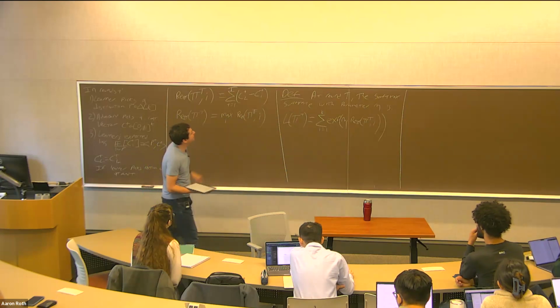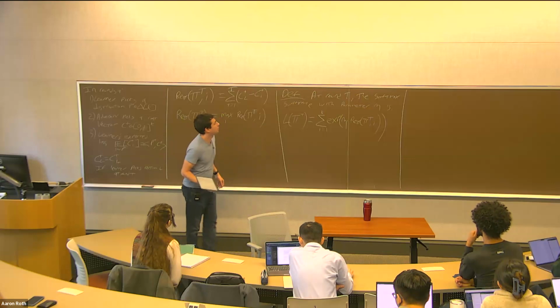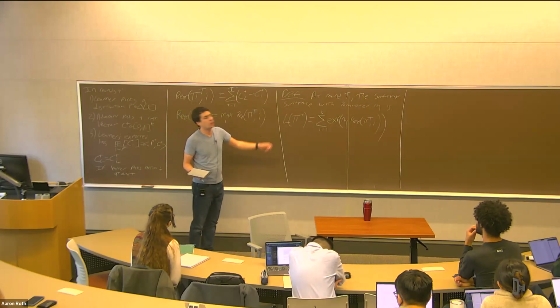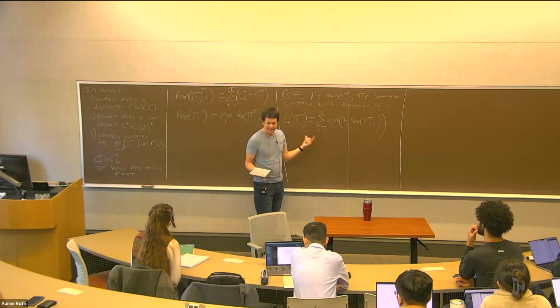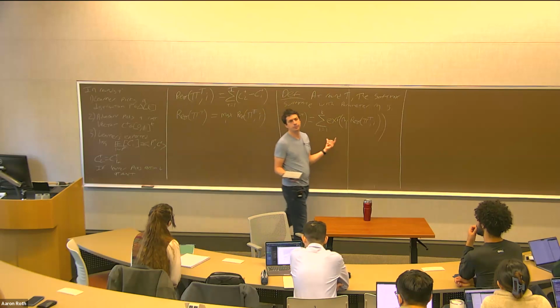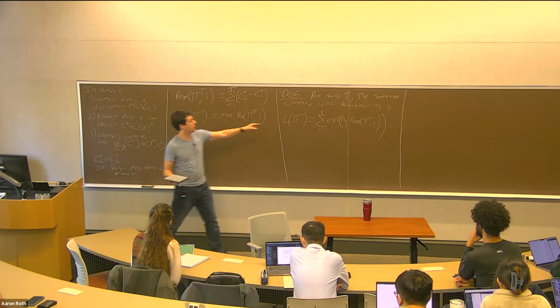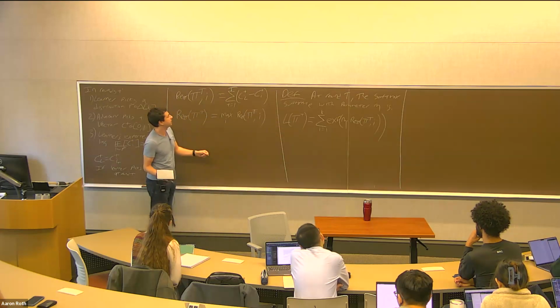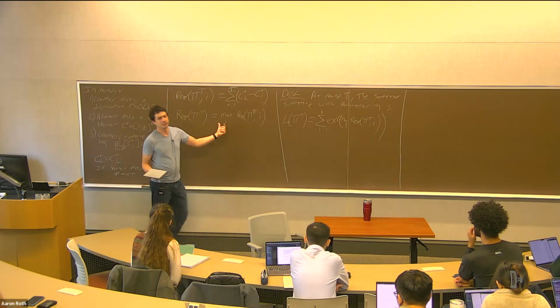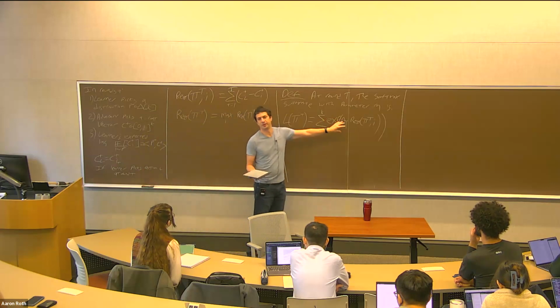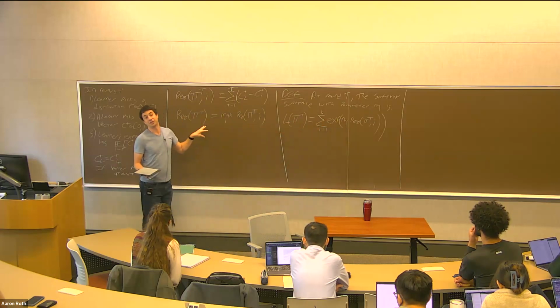The claim is, first of all, why is this going to be useful? For two reasons. One is that this is going to give us a pretty tight upper bound on our regret. The log of this thing is always going to be bigger than our regret, so if we can make sure that this is small, our regret will also be small.